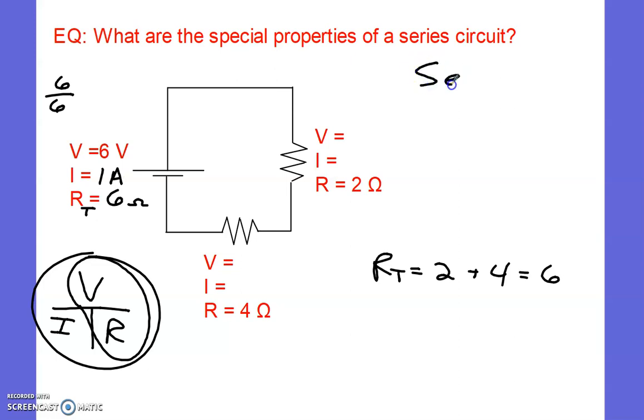In a series circuit, all the I's are the same. So if this I is 1, all of the I's are going to be 1 ampere. Once I know 2 values, I'm going to solve for the third using my Ohm's law.